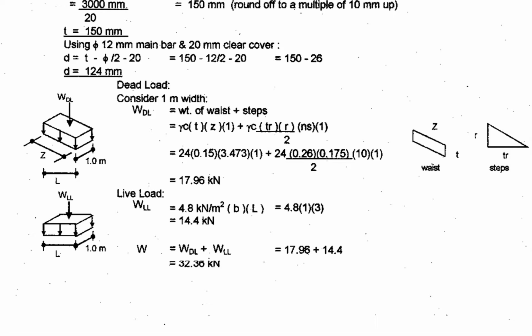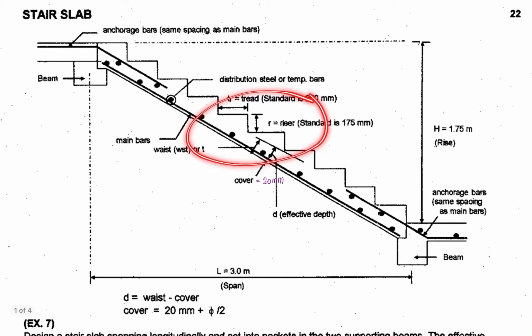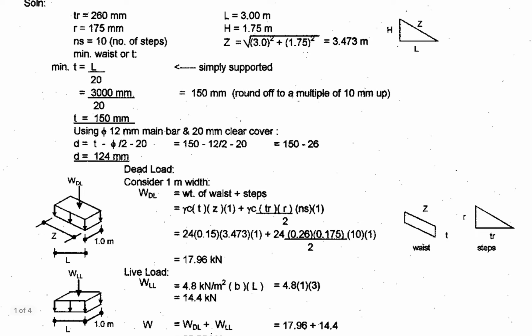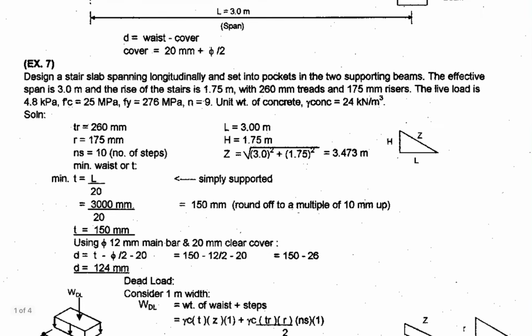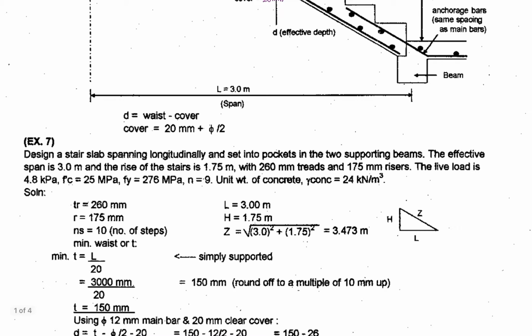So considering the dead load, we only have the weight of the stairs for the dead load. To solve for the weight of the stairs, you have the weight of the waist plus the step. Okay, so the formula is the gamma of concrete times the thickness times Z. Z, that is the hypotenuse.